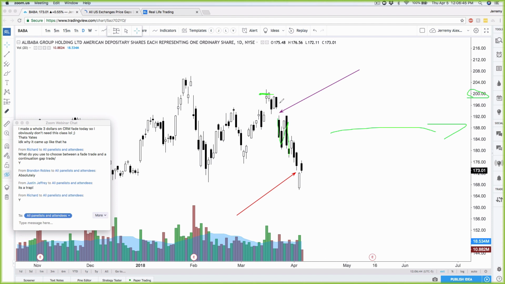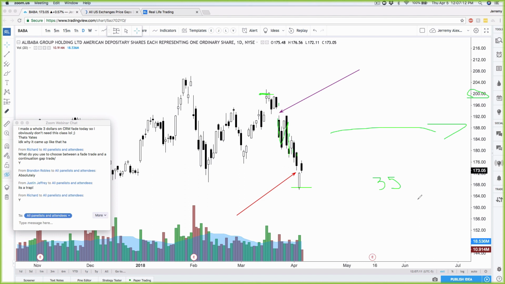Bunch of bear candles. We can count them: 1, 2, 3, 4, 5, 6, 7. Seven bearish candles. BABA goes from 200 to 165 in the course of 2 weeks. Now, I'm not great at math, but that is a 35-point move in 2 weeks.